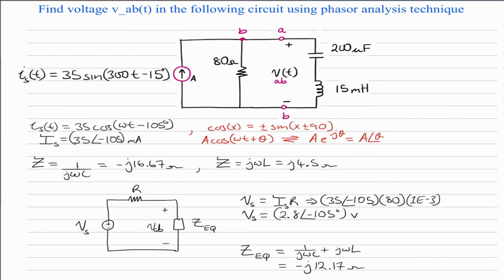We can call this node B, or in this case just call it V. And what we're doing is applying KCL at that node. So our current I of S is coming in, and another current is going out, and also another current is going out. So we can go ahead and apply our node voltage method.